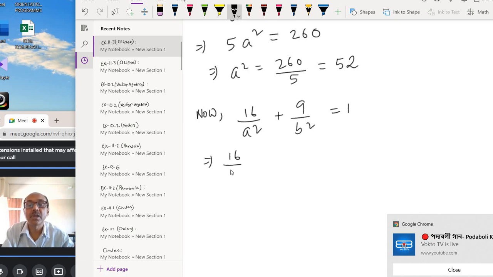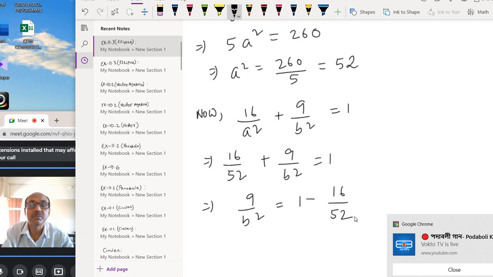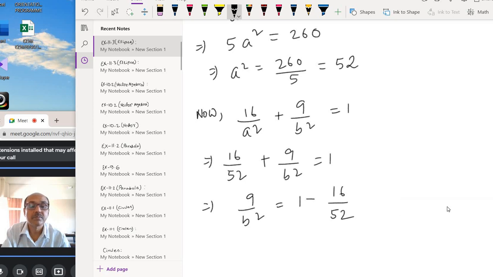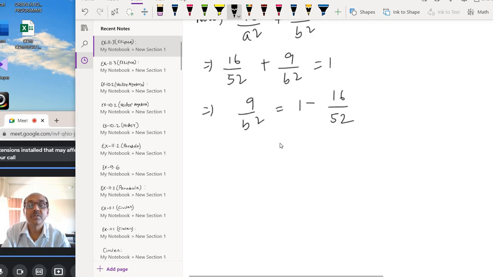So 16 by 52 plus 9 by b square equal to 1. So 9 by b square equal to 1 minus 16 by 52. 52 is the LCM.